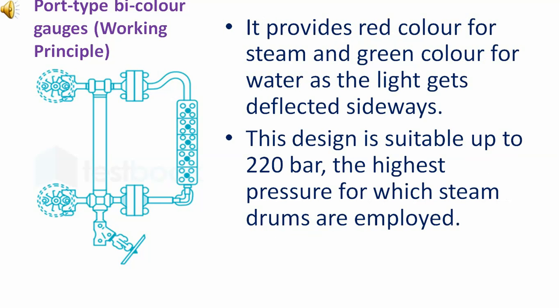It provides red color for steam and green color for water as the light gets deflected sideways. This design is suitable up to 220 bar, the highest pressure for which steam drums are employed.